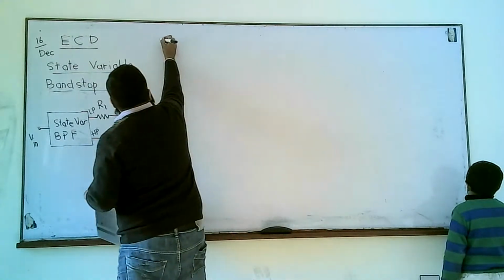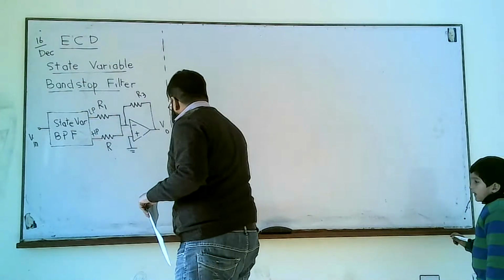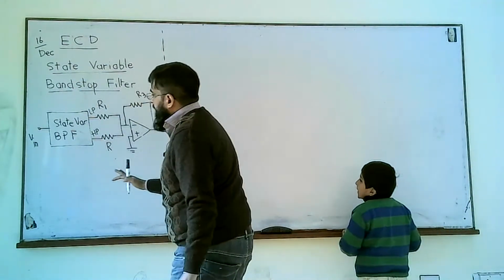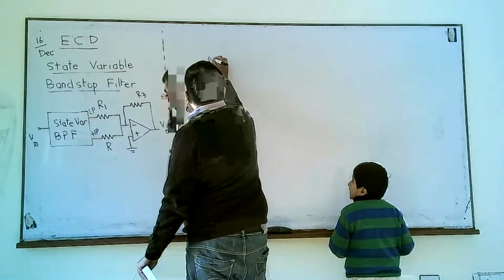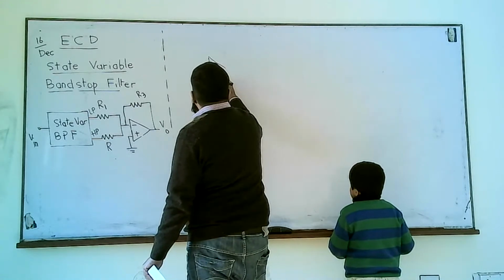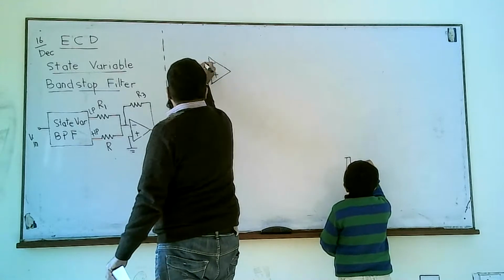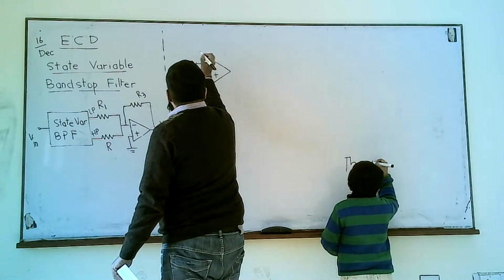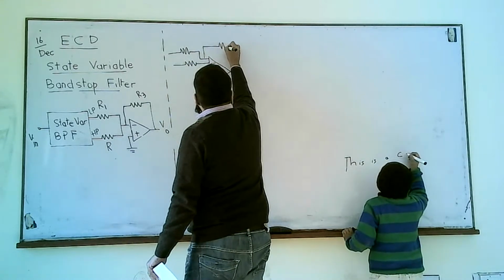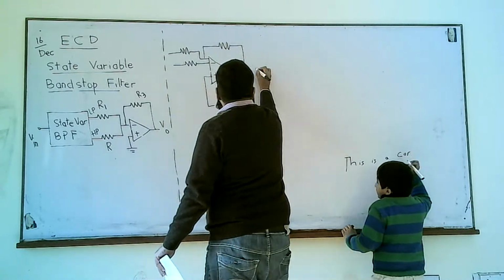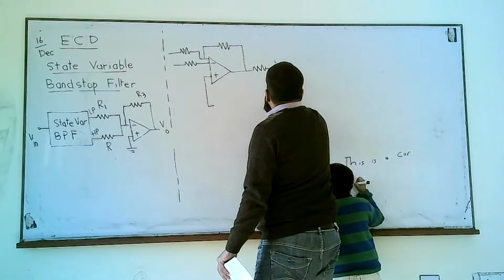So now we are going to draw the last circuit for today. The state variable band pass filter first, that we have already drawn. A summing amplifier first, with some feedback resistor, and then another resistor, and then an integrator.